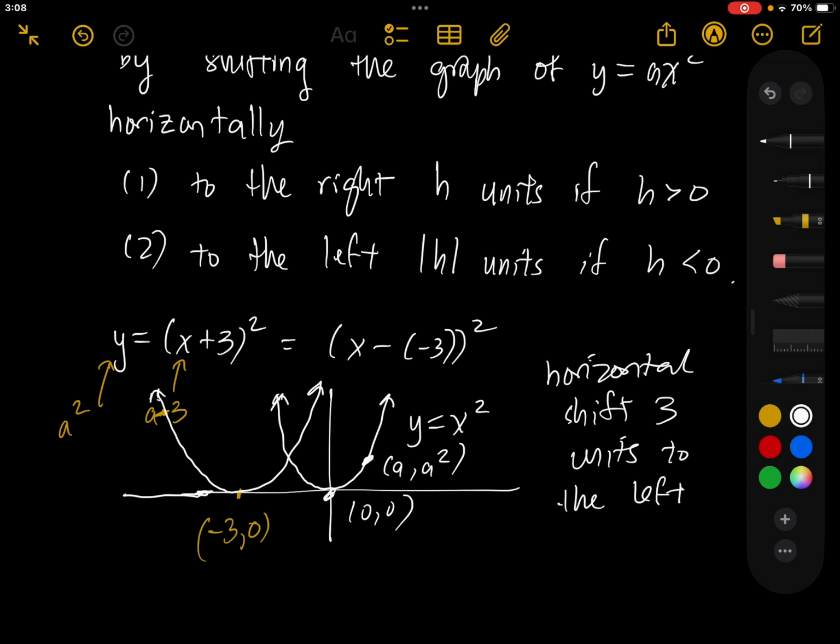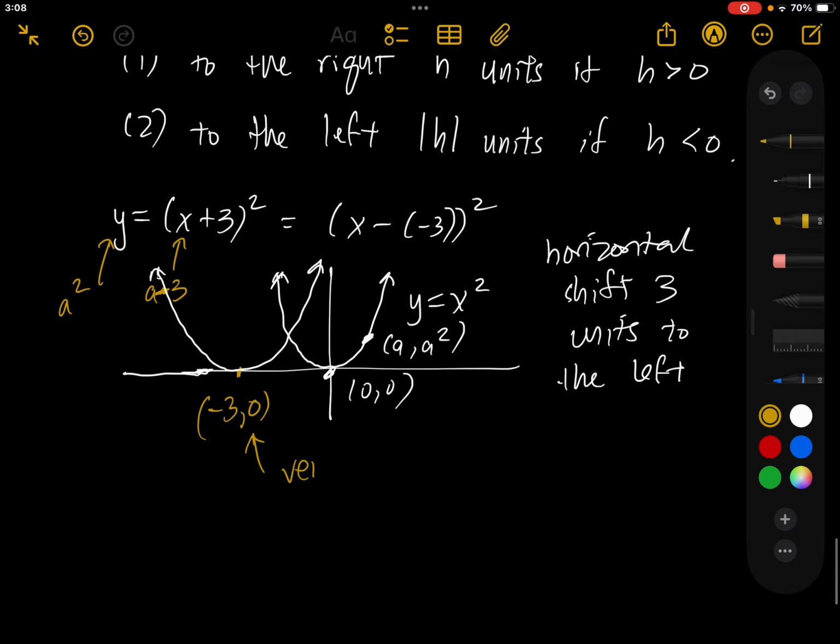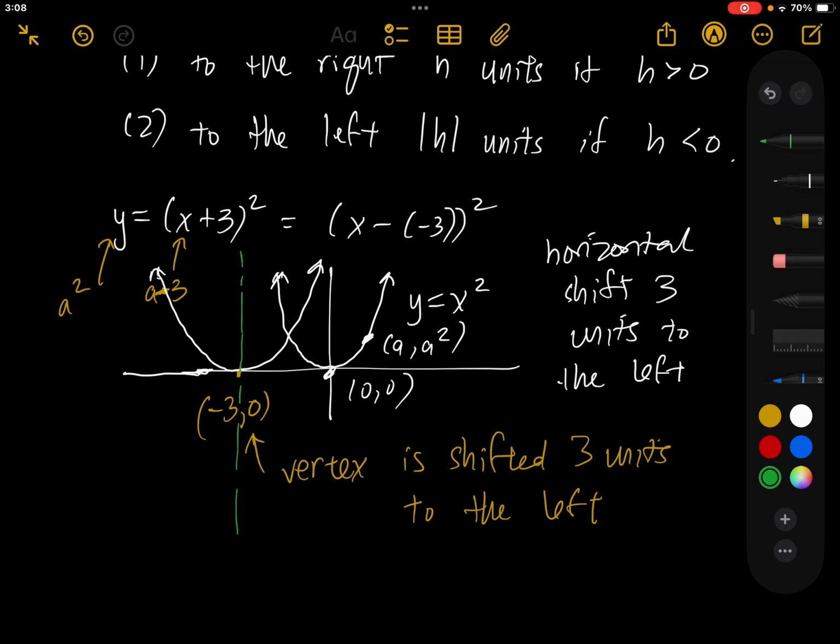And notice what happens to the vertex. The vertex gets shifted 3 units to the left also. So that's what happens. And what's the axis of symmetry of this new parabola? The axis of symmetry is x equals negative 3. That's the equation of the line.